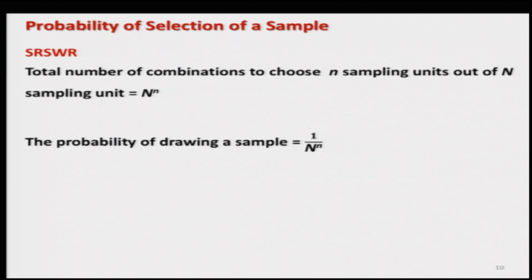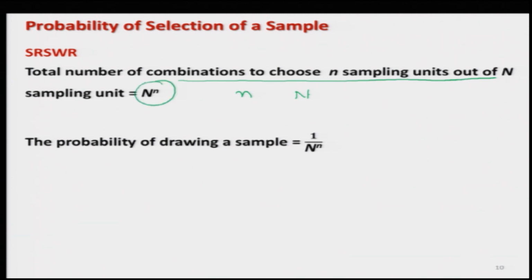Okay. Now I come to simple random sampling with replacement, and I try to find out the probability of selection of a sample. So in SRSWR the things are pretty straightforward. We know that when I want to select a small n number of units out of a population of capital N number of units, at every stage the population size is going to remain the same. So the total number of combinations to choose small n sampling units out of capital N sampling units will be N raised to the power of small n.